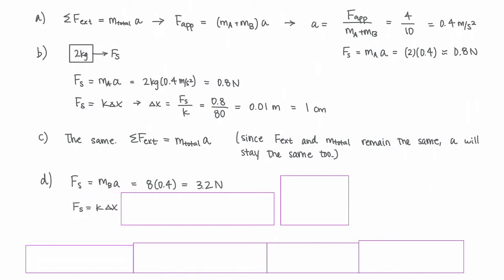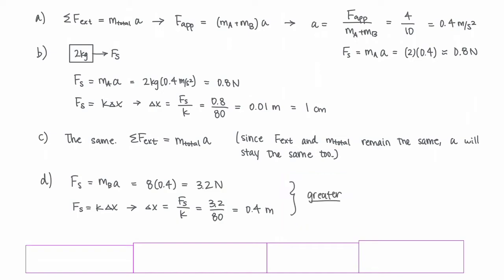And using Hooke's law, we can say that displacement is the force of the spring divided by the spring constant, and since our force of the spring is now 3.2, we're going to get a larger stretched distance. So 0.4 this time instead of 0.01.